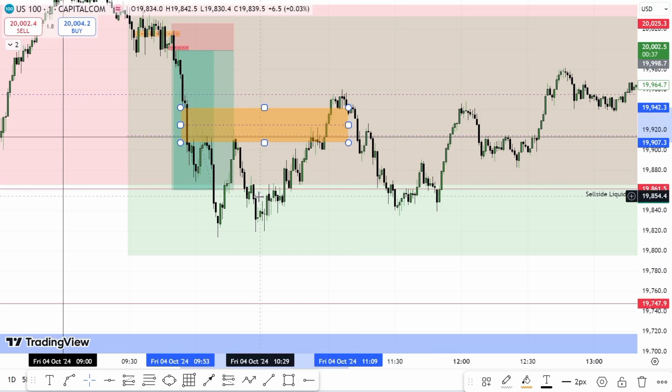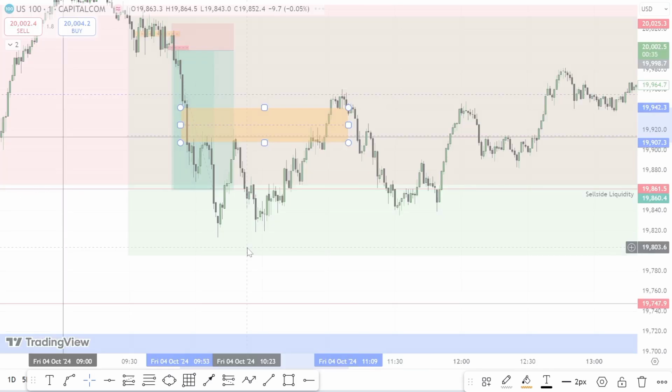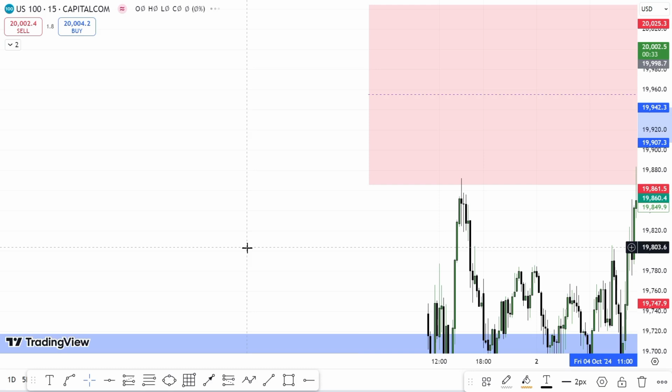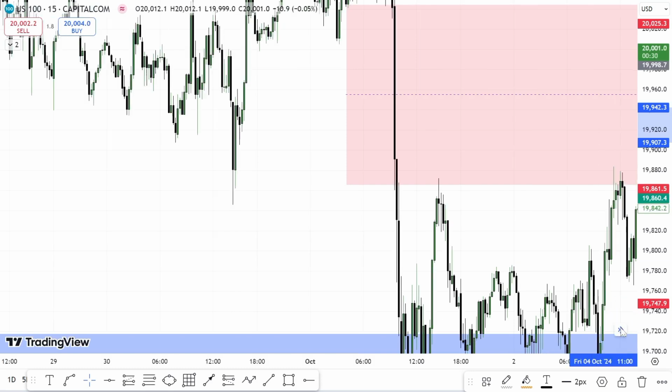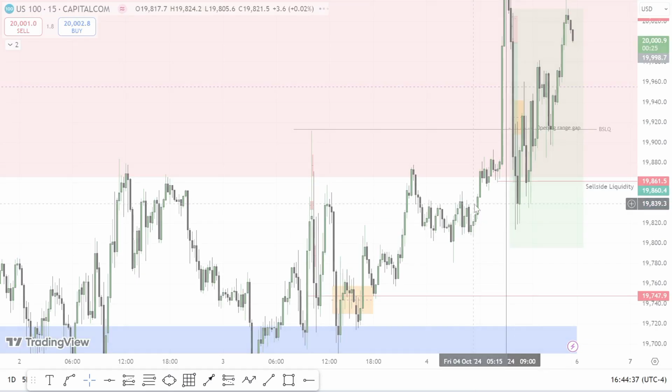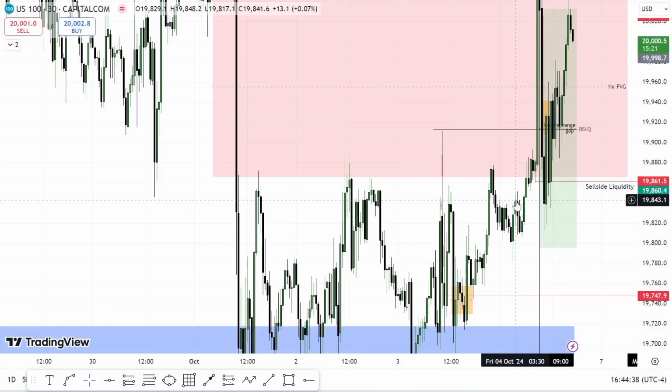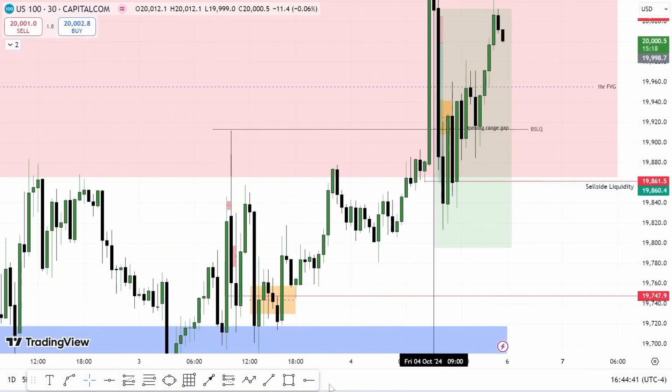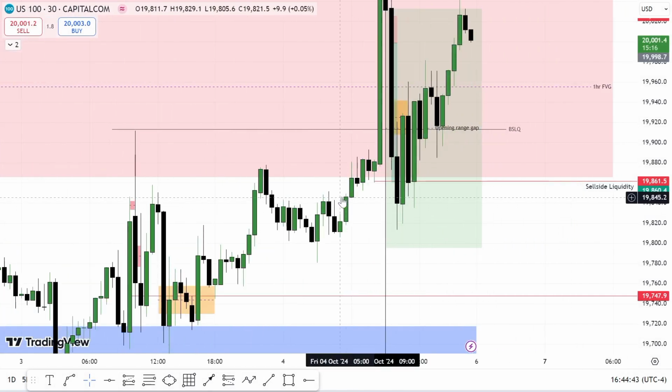And if you go to the 15-minute time frame, you see that we have a bullish fair value gap just right here. So let's see if we have a bullish fair value gap in the 30 minutes time frame too. Yeah. So you see that 30 minutes bullish fair value gap just right here.